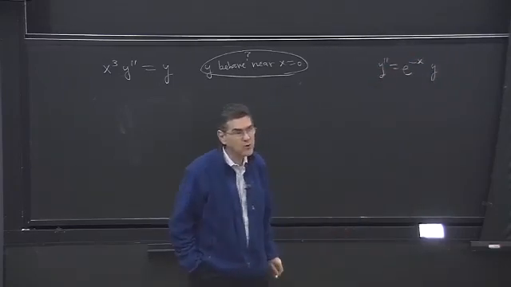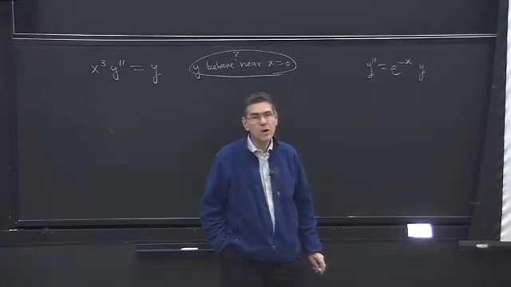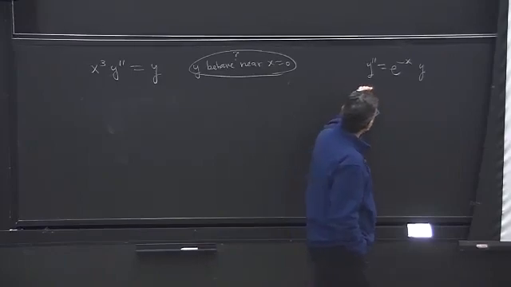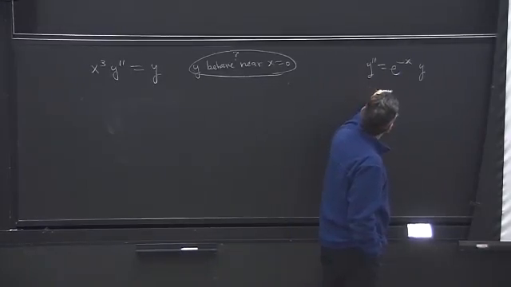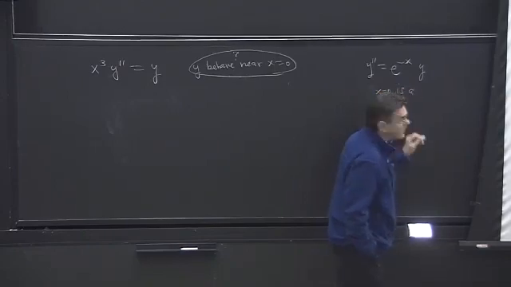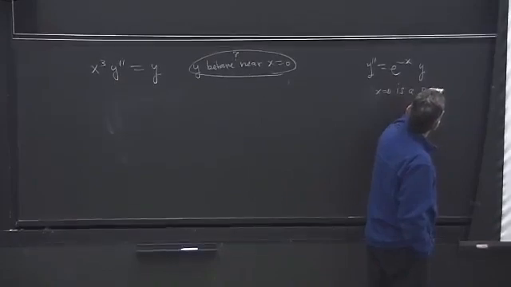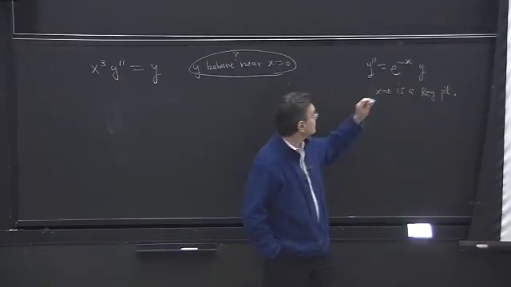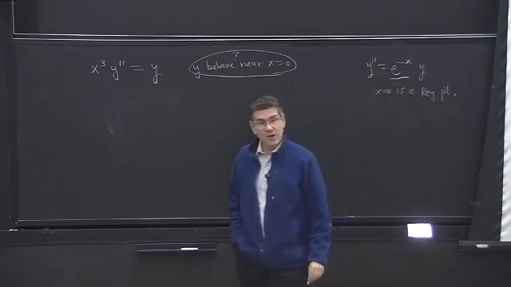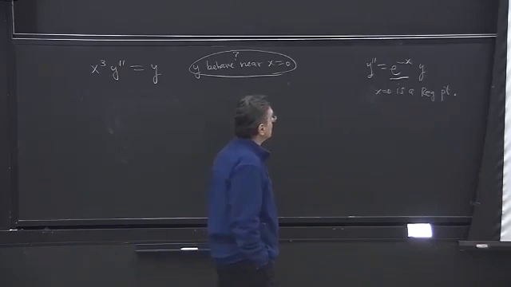Okay, you looked at that equation, and you tried to solve it in two ways. You know that x equals 0 is an ordinary point or a regular point of this equation, right? Because this function here has a Taylor series about x equals 0. It's a smooth function at x equals 0.